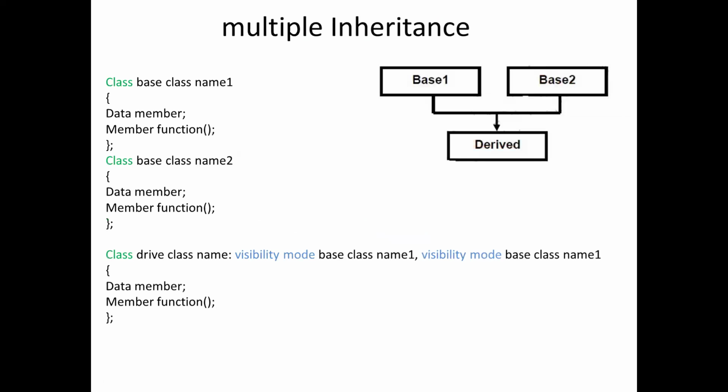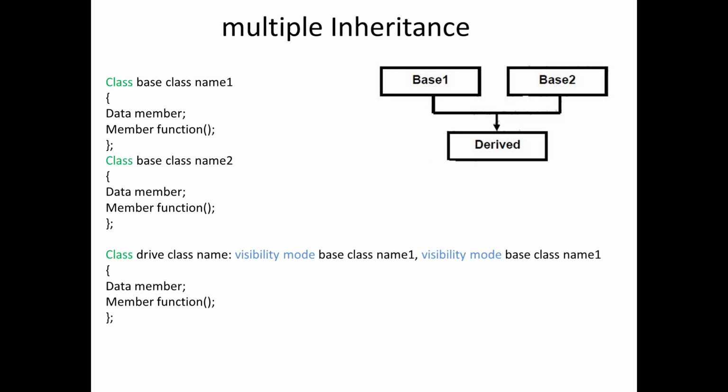If we talk about multiple inheritance, there are multiple base classes, and the data of these multiple base classes can be inherited by a single derived class, as we have seen in this figure. If we talk about the syntax of multiple inheritance, we have created a class base class 1, in which we put both data members and member functions, and we have terminated the class.